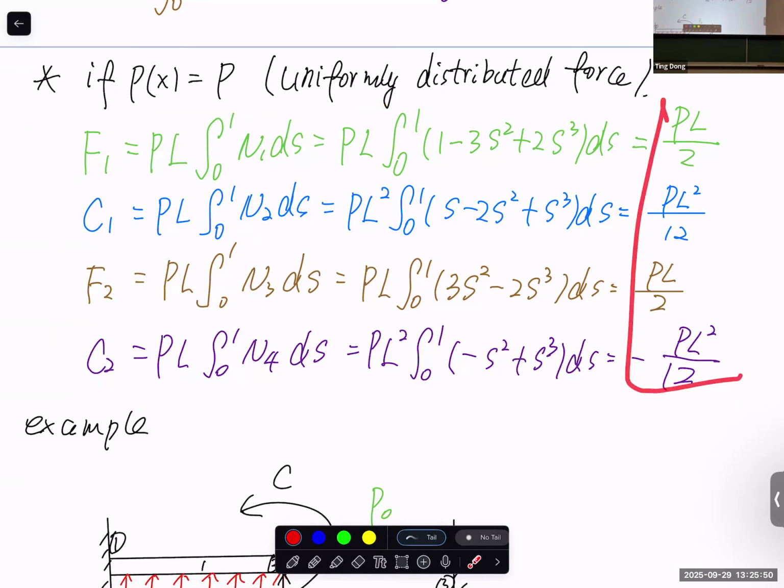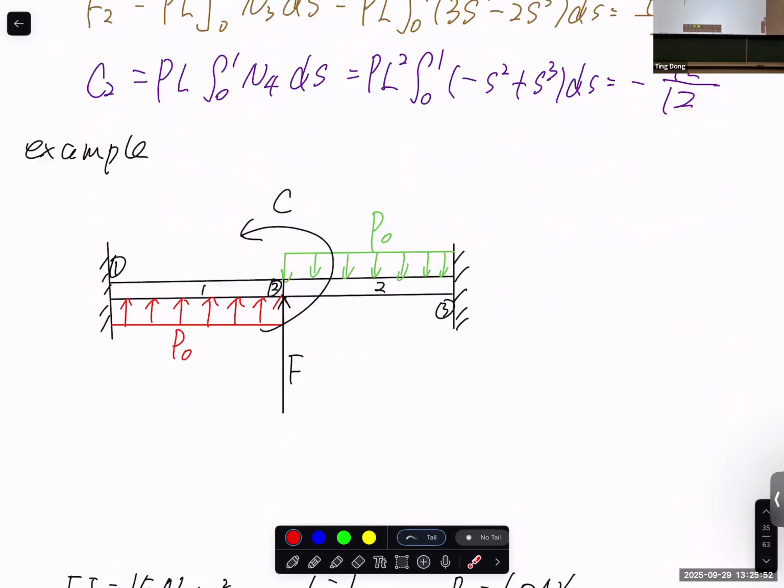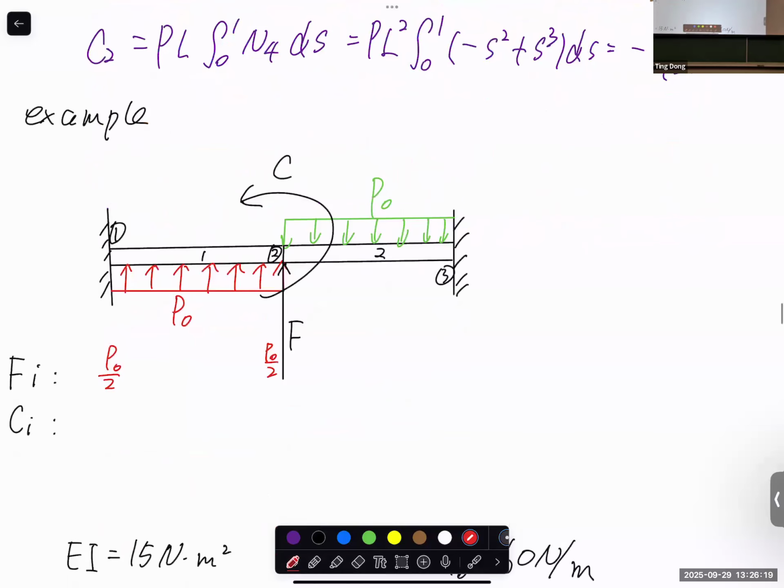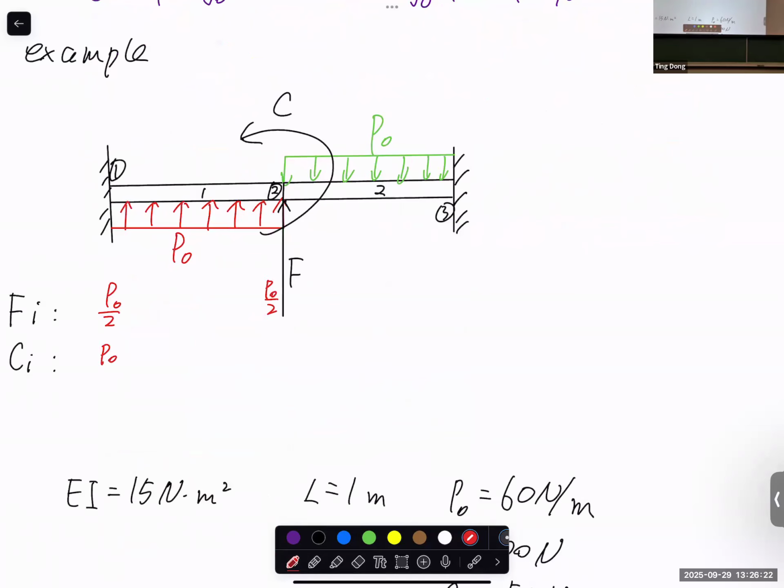Since we can use this directly, for this example problem, let's say we have the equivalent nodal force Fi and Ci at each node. For node 1, caused by this red distributed force, I can put half P naught, and half of P naught here. And for the couple, with L equal to 1, it's P naught over 12, negative P naught over 12, right?